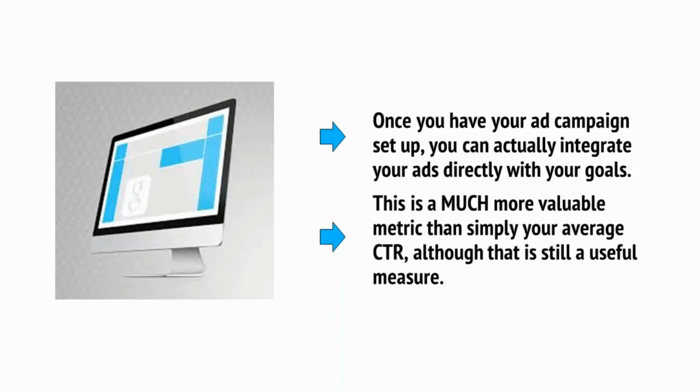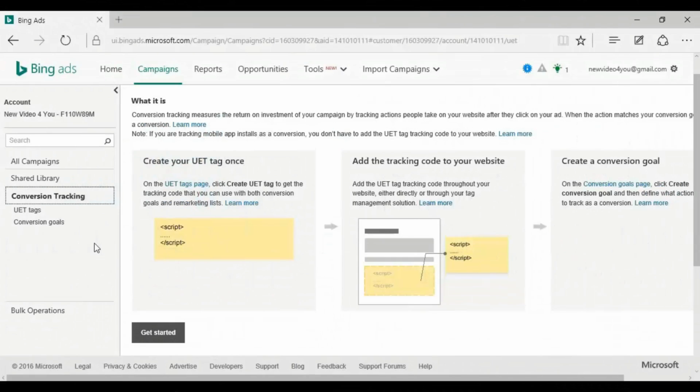This is a much more valuable metric than simply your average CTR, your click-through rates, although that is still a useful measure. To set up goals, go to your campaigns and then click Shared Library and then Conversion Tracking.